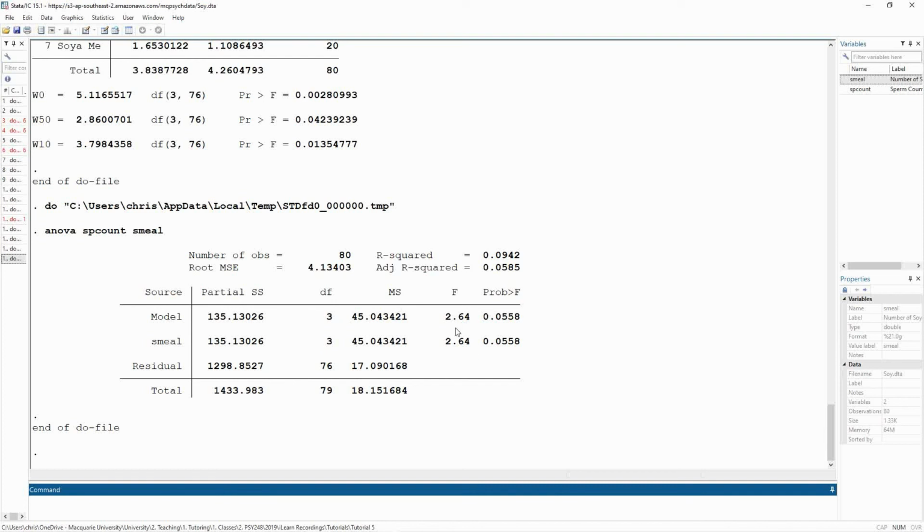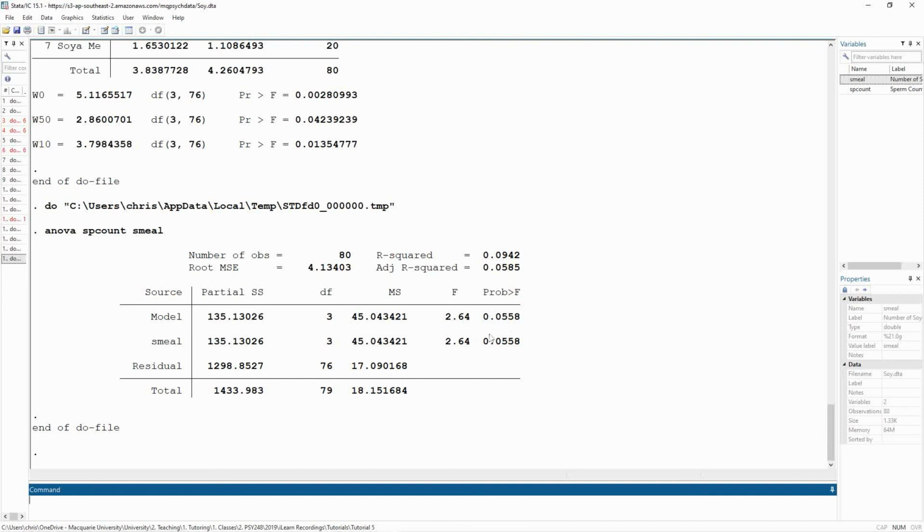And we can see this because our F is greater than 1. If our F equaled 1, then the mean sums of squares here is exactly the same as the residual. In other words, we would be no better off than guessing whether or not soy meals actually affected sperm count. So with F being greater than 1, there's a chance that this might be significant.